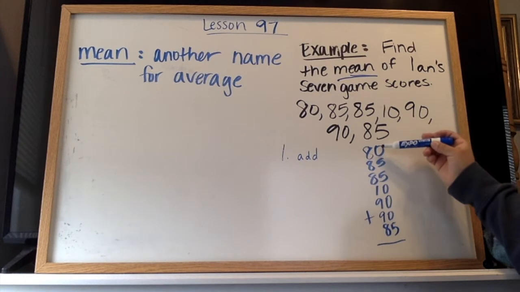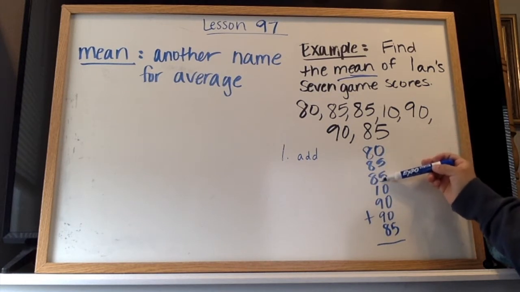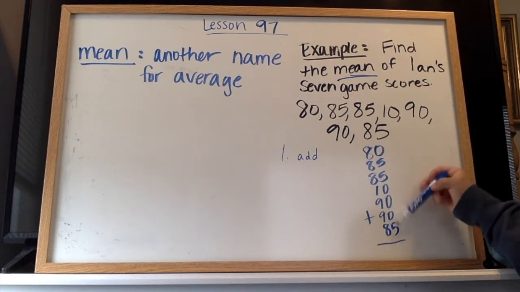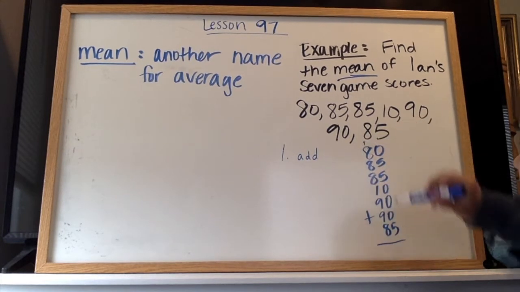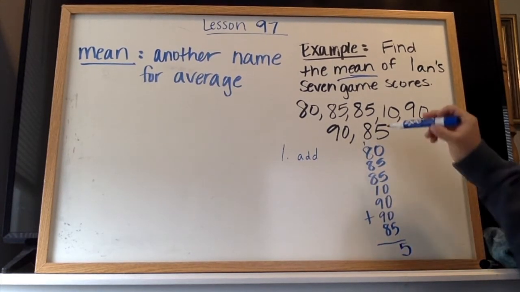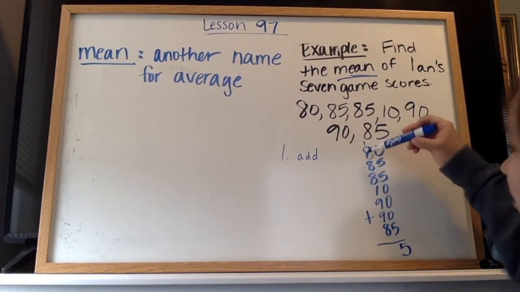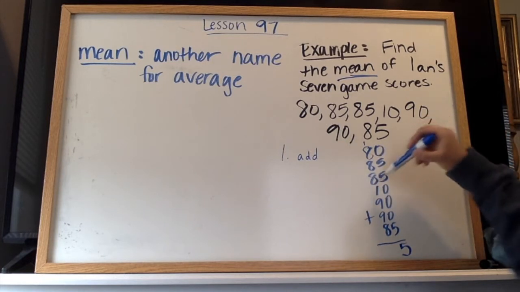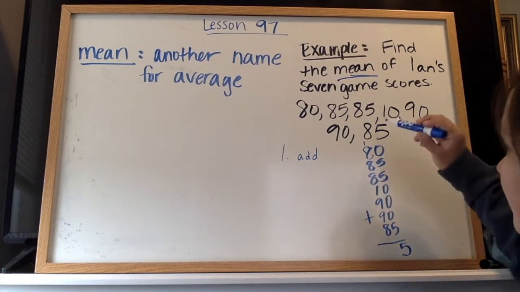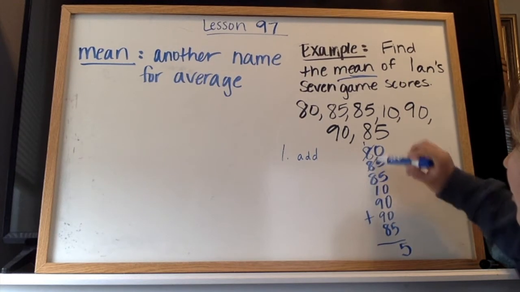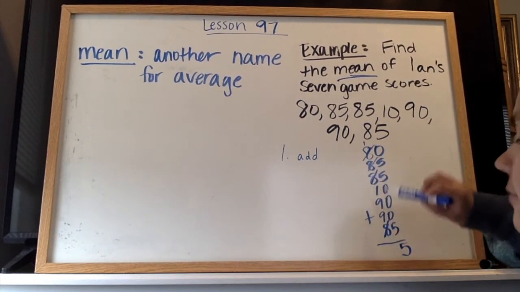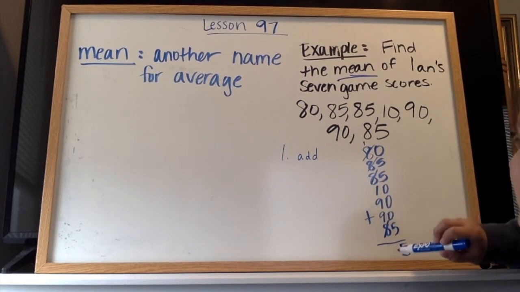I'm going to go through on the ones place, and I have 5, 10, 0, 0, 0, 15. Carry the 1. All right, now here I'm going to count up my 8s, and I'm going to cross them off as I count them. So I've got 1, 2, 3, 4. Now 4 8s is 32.